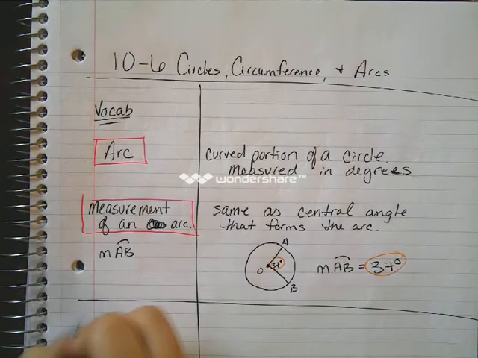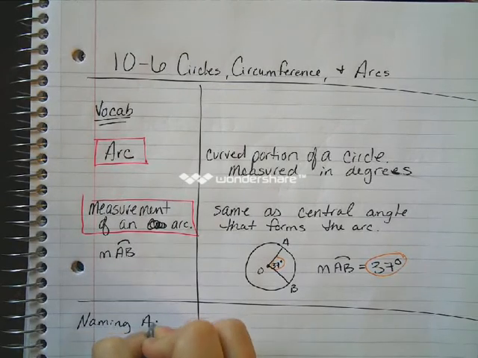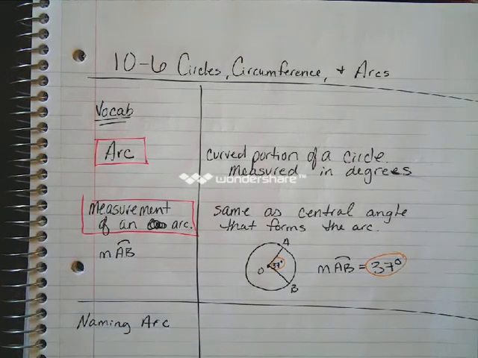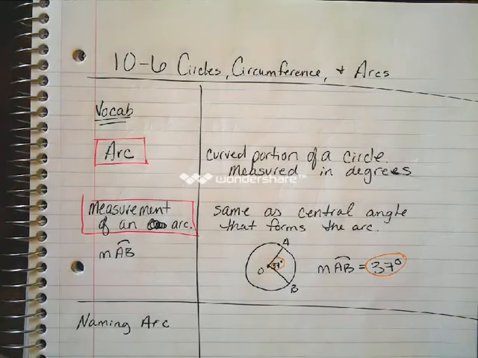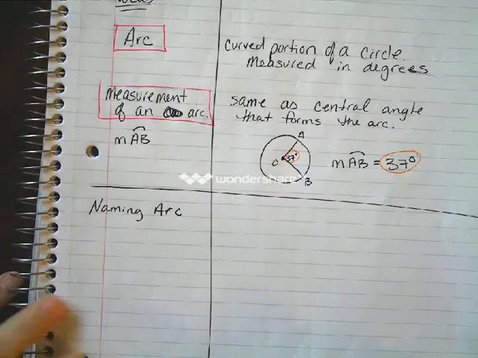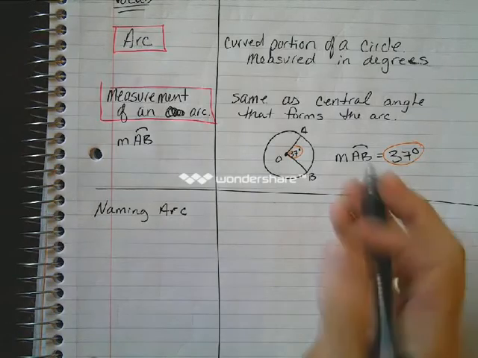Okay, naming an arc. I talked about this a little bit right before the test from the previous unit, because if you're going to try to find the measurement of an arc, you do have to know how to name them. There are two types of arc. There's a minor arc and a major arc. They are named different ways.